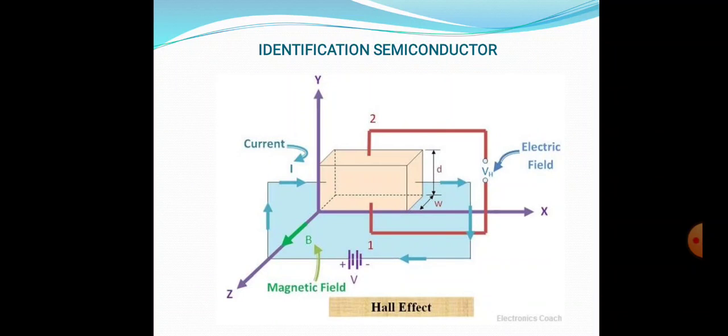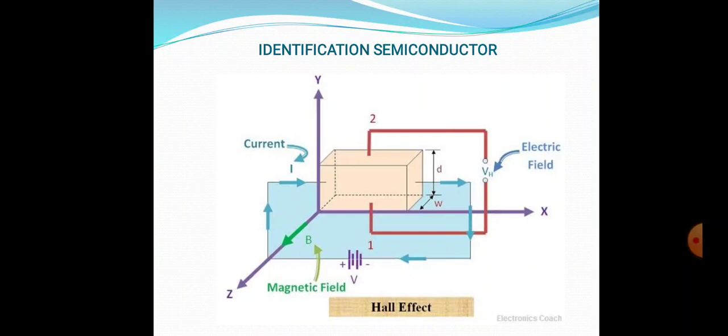After developing a semiconductor, by seeing the material we cannot predict whether it belongs to the n-type or p-type semiconductor. This can be tested only with the help of a Hall effect arrangement. In this case, current is allowed to pass through the given semiconductor and a magnetic field is applied perpendicular to the current direction.